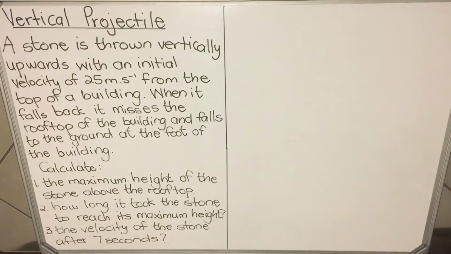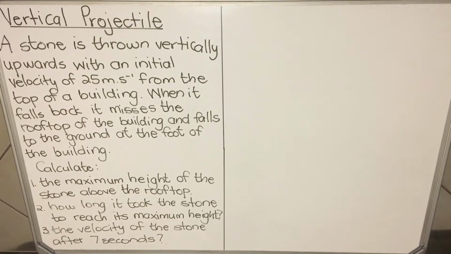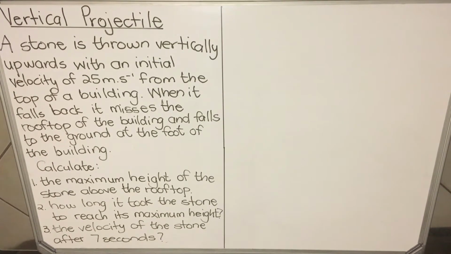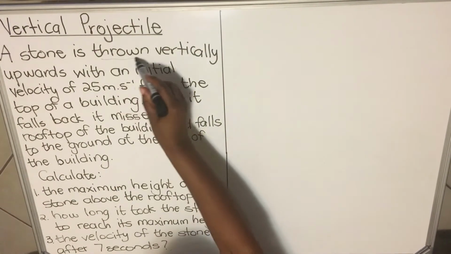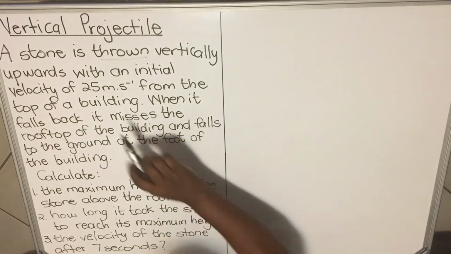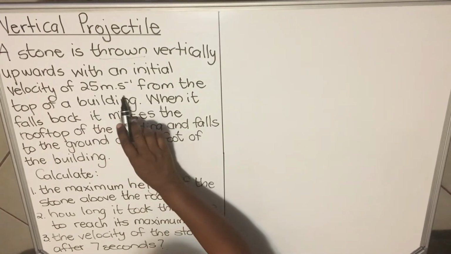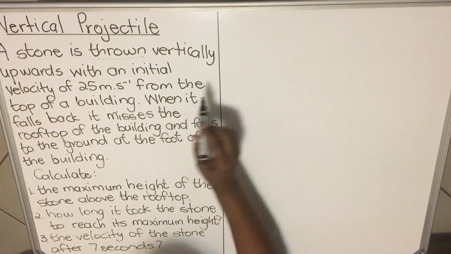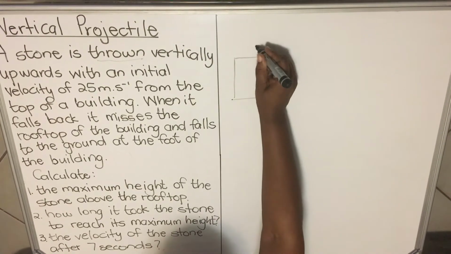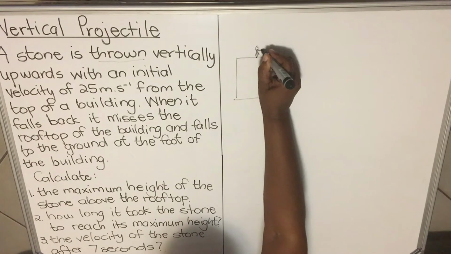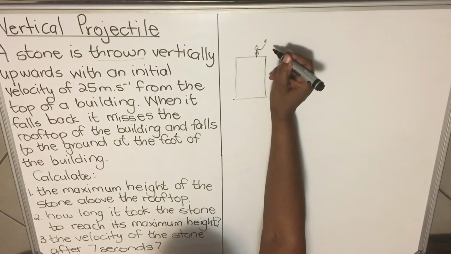Okay, let's read again. Maybe try to make a drawing to understand before we even look at the questions. It says a stone is thrown vertically up with an initial velocity of 25 meters per second from the top roof of the building. So it means we have a building and somebody on the building throws the stone up, right?